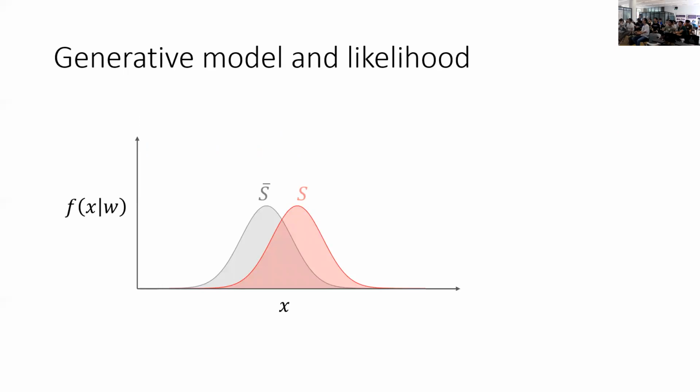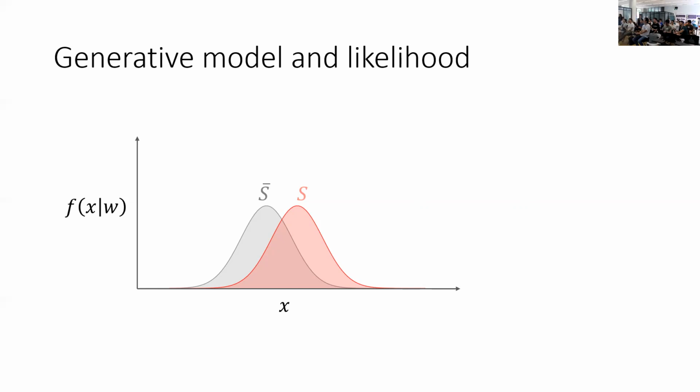And this is probably what you have seen again and again when we talk about signal detection theory. You see two Gaussians and they have some overlap. The x-axis could be the decision variable, and the y-axis is the likelihood.